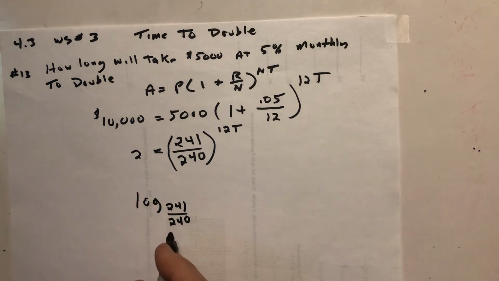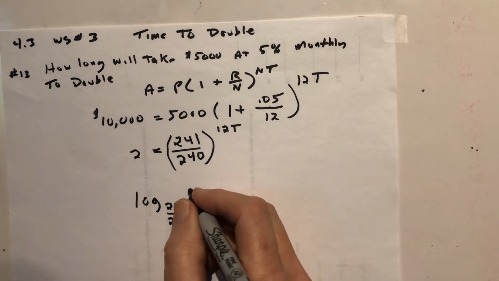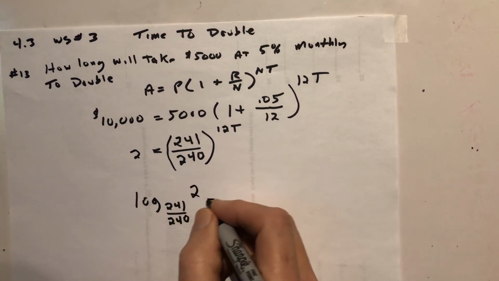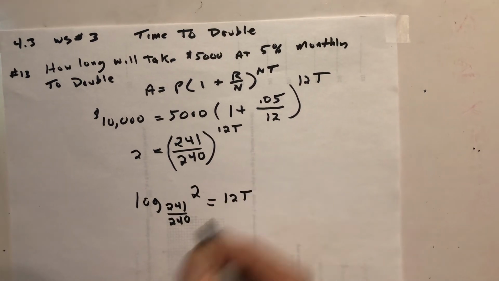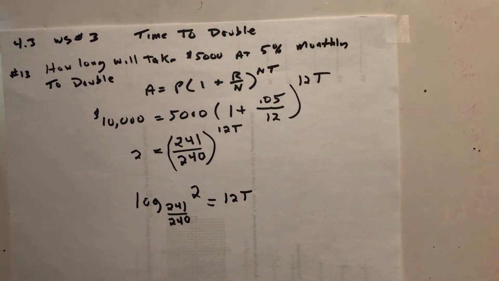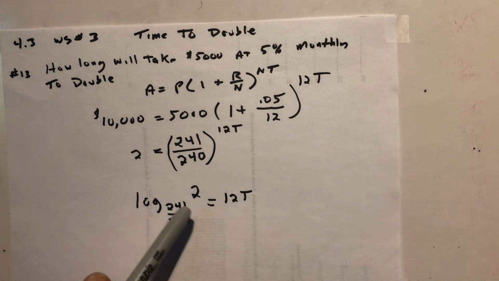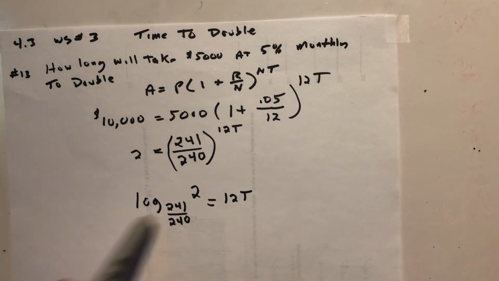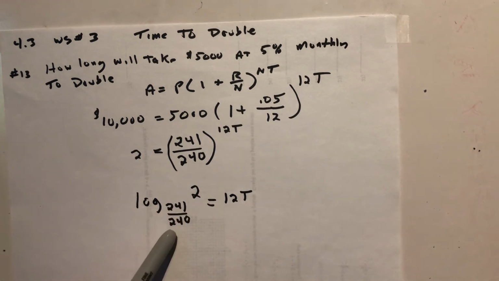Log base that of 2 equals 12t. Now that 2 I wrote a little too high. It's not an exponent. It's log base this of 2.